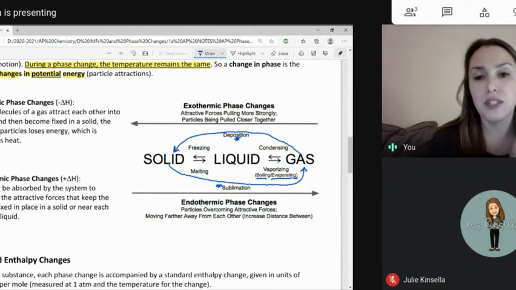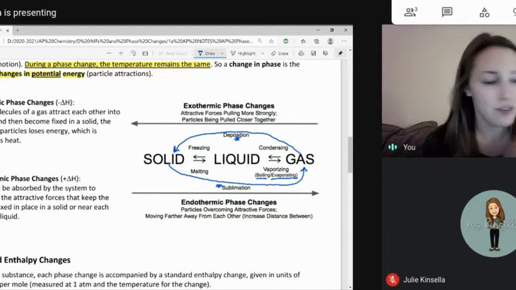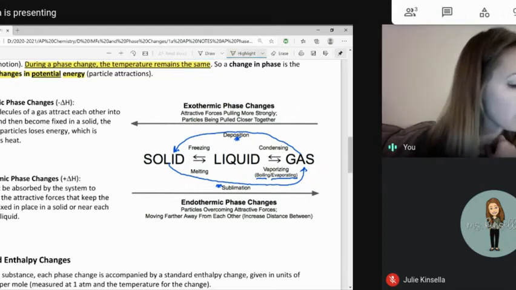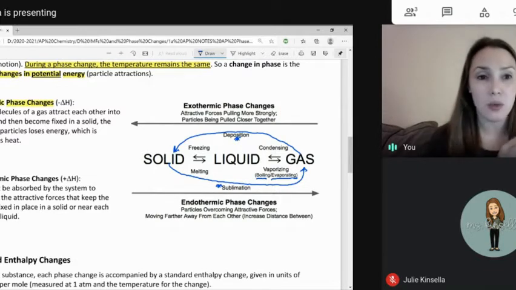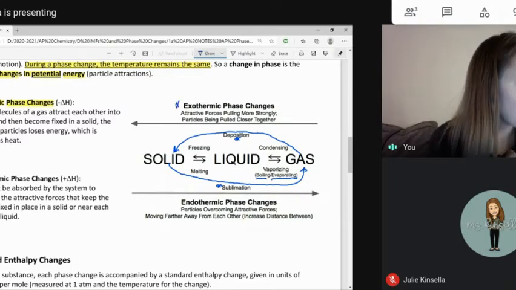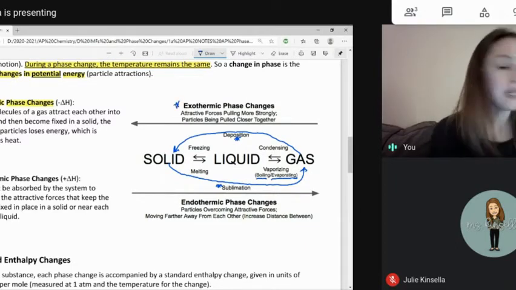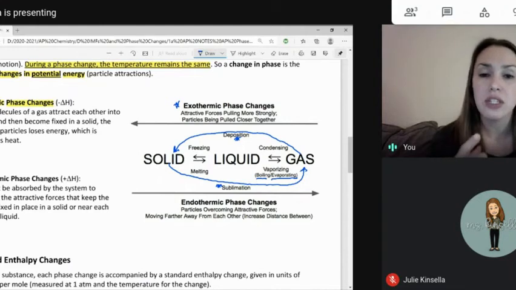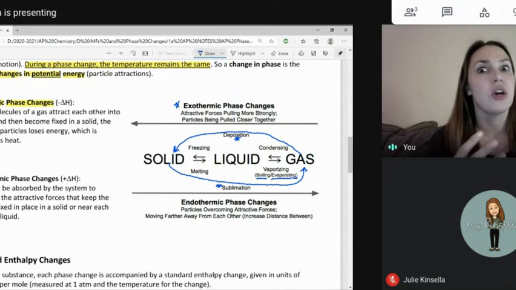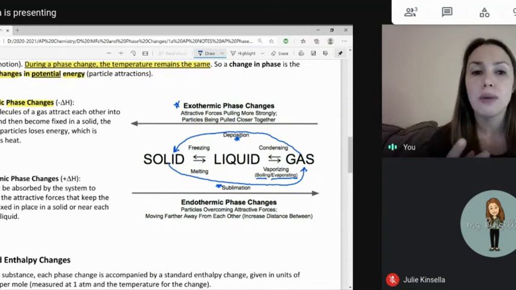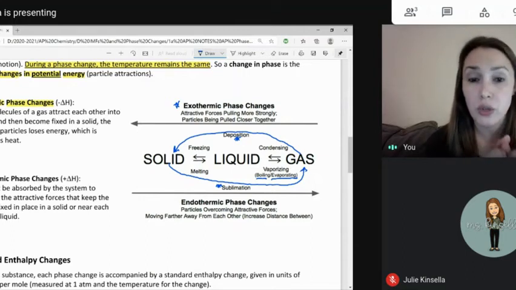So what are the big differences, or the two categories of these phase changes? So one is our exothermic phase changes. So when you see exothermic, think of exit. So heat is going to exit out. So how this occurs is, if you look up here, or over to your right, as heat leaves the material, those attractive forces between the particles that we've talked a little bit about, and we're going to talk a lot about the next few days, are going to be able to pull the particles closer together.